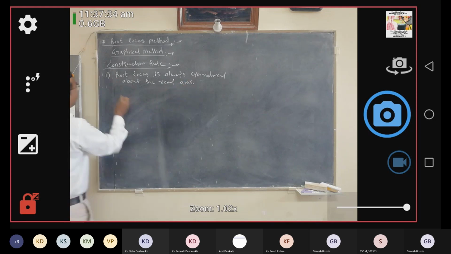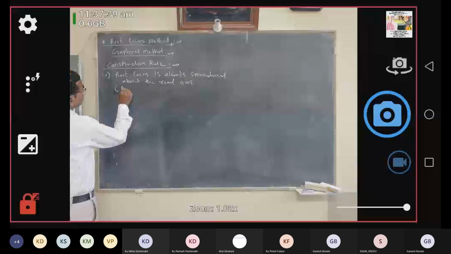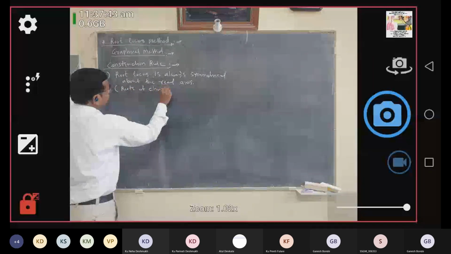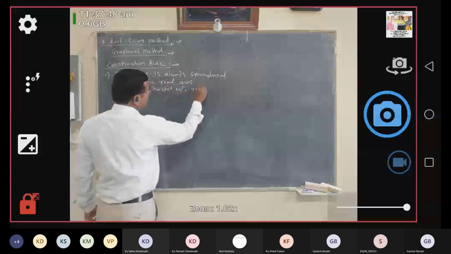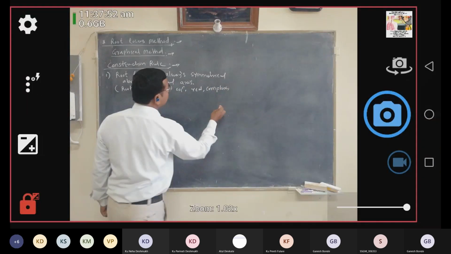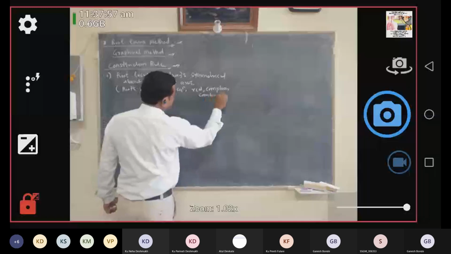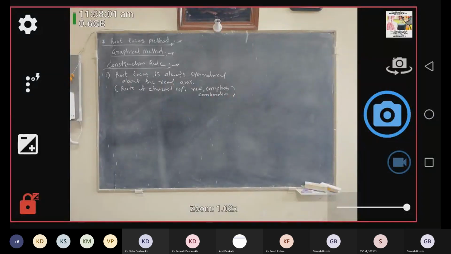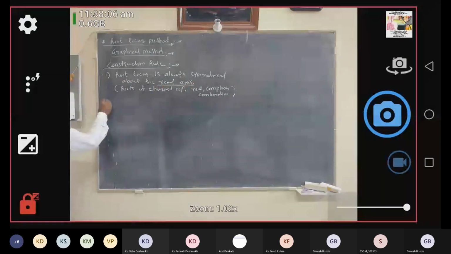We know that the roots of the characteristic equation could be real, could be complex, or could be a combination of these. Therefore, the root locus is always symmetrical about the real axis.